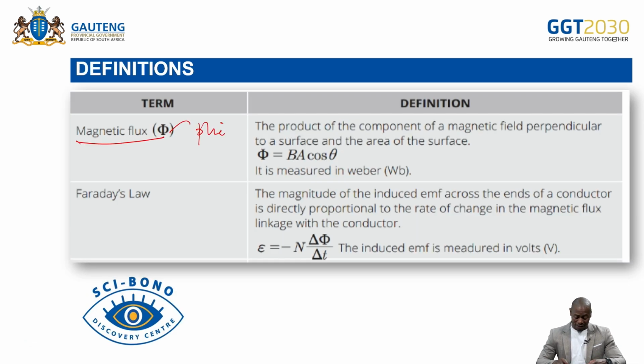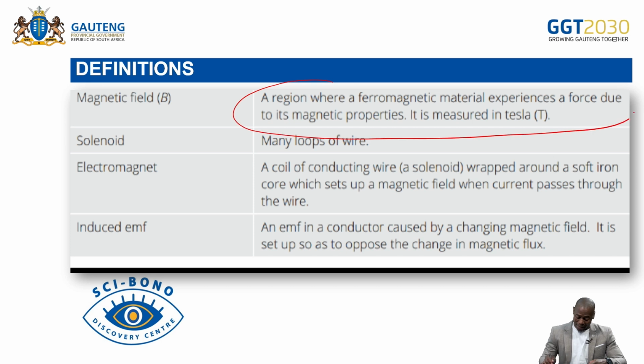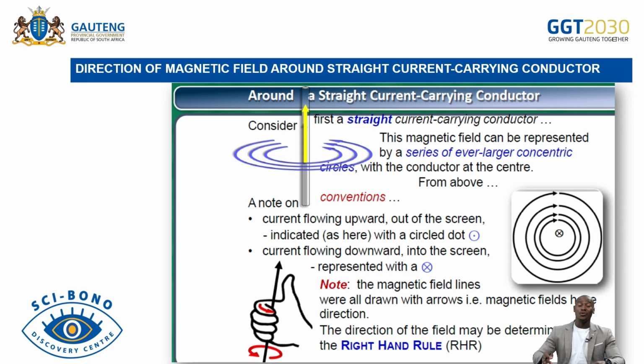A magnetic field is the region in space where a ferromagnetic material experiences a force. So when you talk of the magnetic field, that is the region in space where a ferromagnetic material or a magnetic object would experience a force. What you need to know is that around a current carrying conductor, there is a magnetic field.